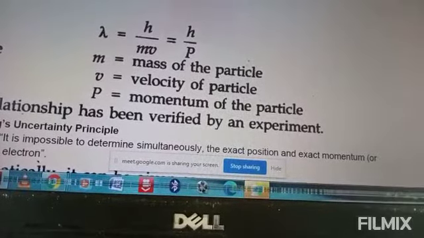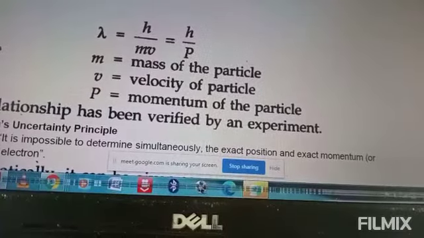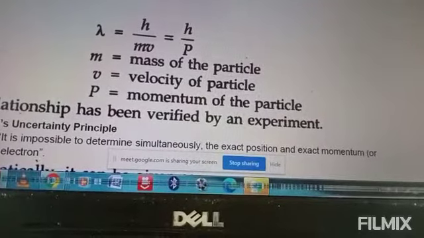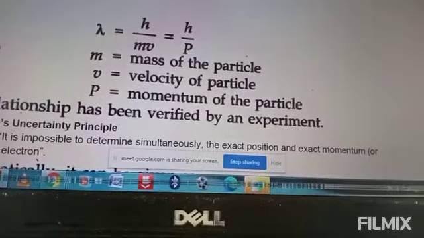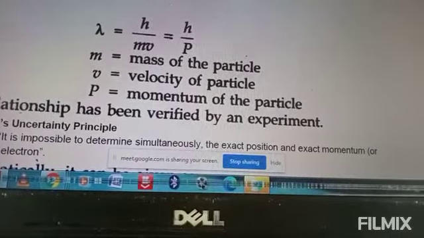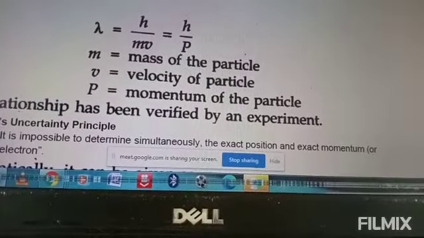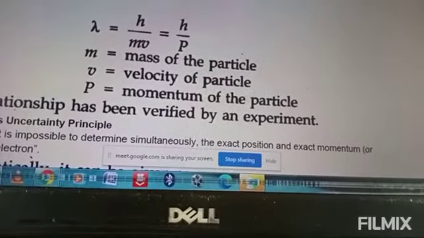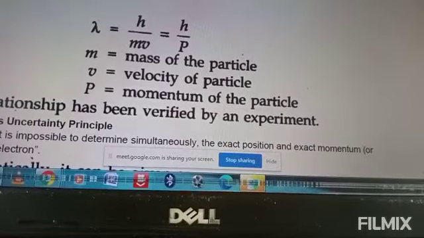The value of h is 6.626 into 10 power minus 34 joule second, which we call the Planck constant. Substituting this and dividing, you get 6.626 into 10 power minus 34 meter. So the wavelength is 6.626 into 10 power minus 34 meter. Like these calculations, you need to understand it.